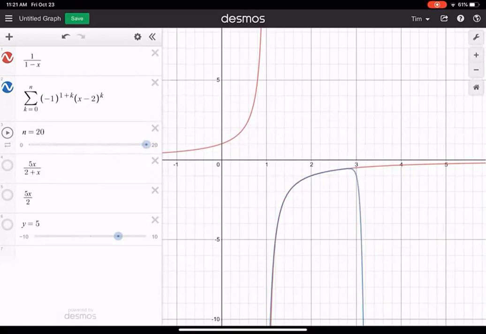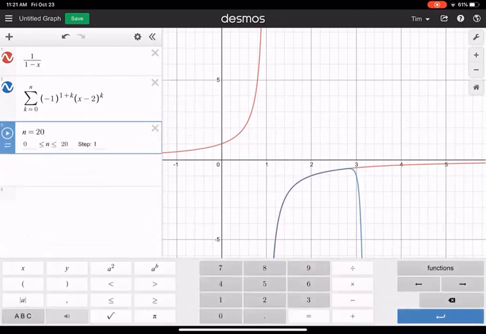When I'm up to 20 terms there, it looks like I have a really good approximation on the interval from 1 to 3. And that's exactly what I expected because the radius of convergence here is 1. So this series converges between 1 and 3. So that's a good approximation there between 1 and 3.